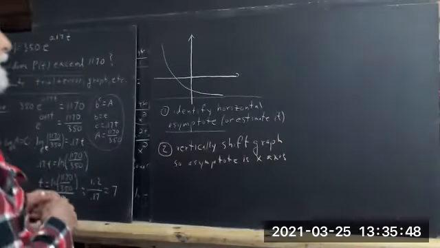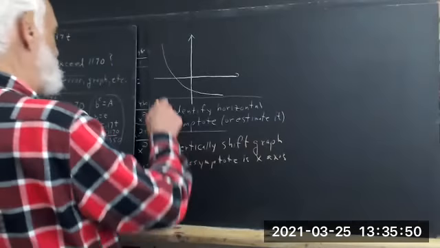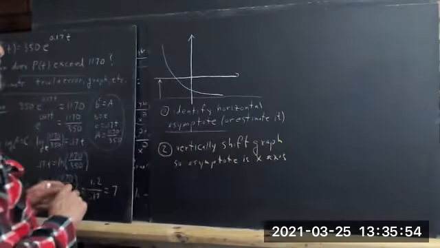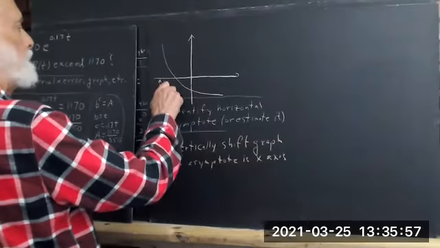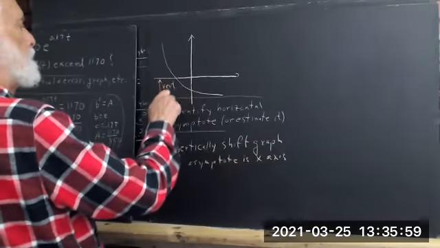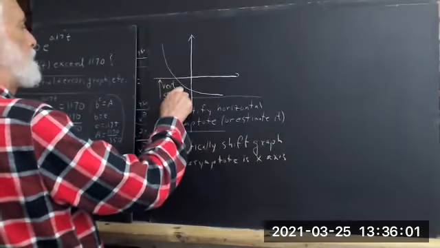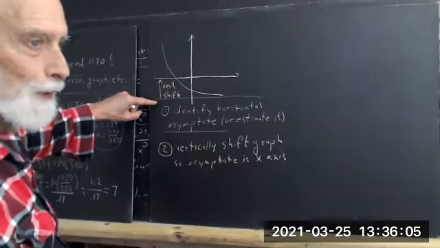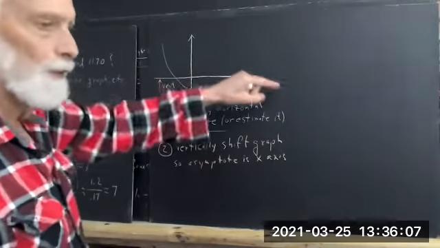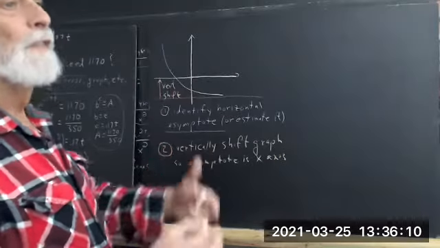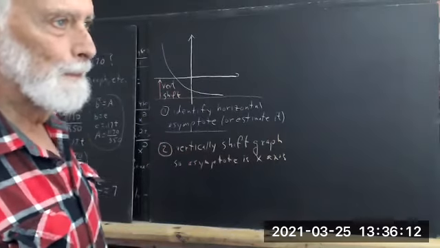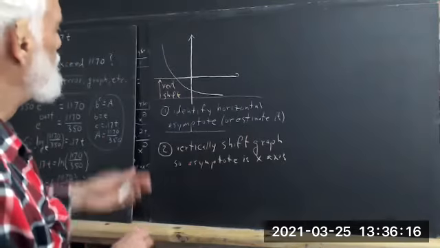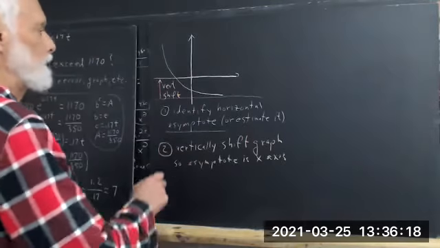Well, it should be obvious that your vertical shift is from wherever the asymptote is to the x-axis, which is where the asymptote is for a basic exponential function, just an unadorned exponential function. So here's our vertical shift.